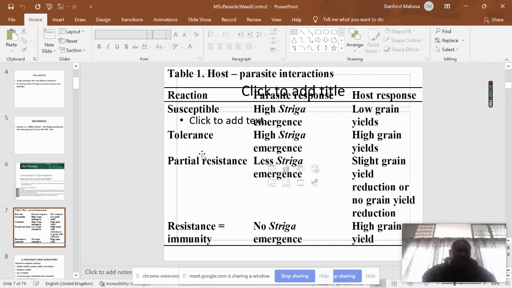So if we get a genotype with the partial resistance, it could be the best. But should we get resistance or immunity, that would be ideal. That variety may not support any striga, and it can also produce high grain yield. Through breeding, this is what we expect to get.